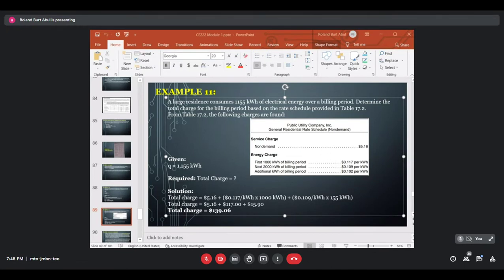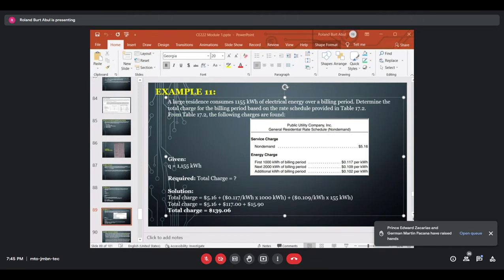So meaning, ang kaning 1,155 nga given, kuhaon nato ang 1,000 ana. So mao nang gi-multiply siya sa 0.117 nga rate. Tapos, ang nabilin ana is 155 na lang. Then mao ni i-apply sa next 2,000 kilowatt hours. So i-multiply siya sa 0.109 nga rate. So i-add up. Okay, sir.